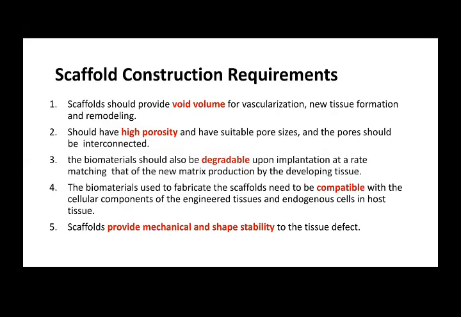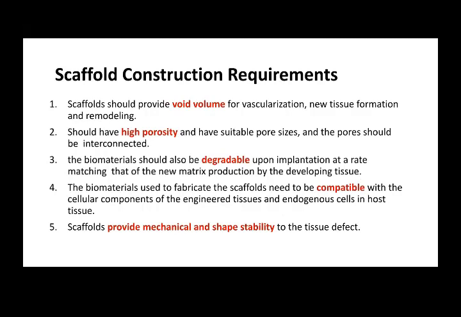Scaffold construction requirements. One, scaffolds should provide void volume for vascularization, new tissue formation and remodeling. Two, it should have high porosity, so have suitable pore sizes, and the pores should be interconnected.